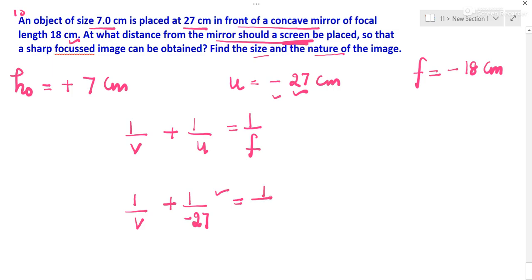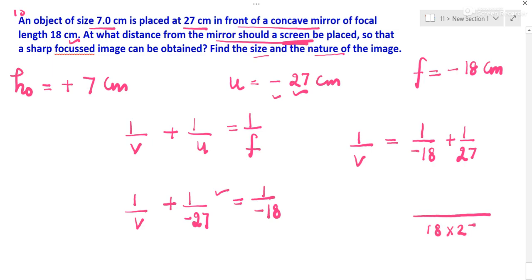1 by F is minus 18. So this will go that side. So 1 by V is equal to 1 by minus 18 plus 1 by 27. Be very particular about the signs and all. I am taking it like this. So it is minus 27 here and plus 18 this side.